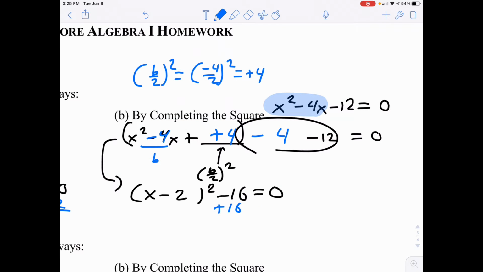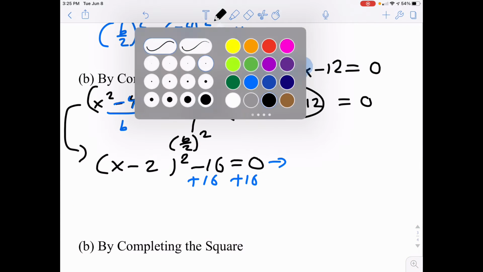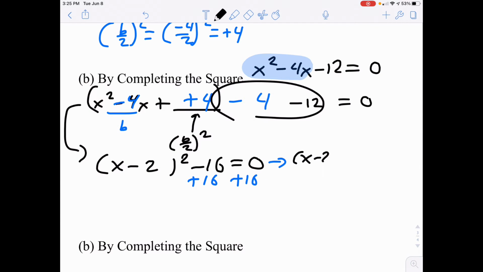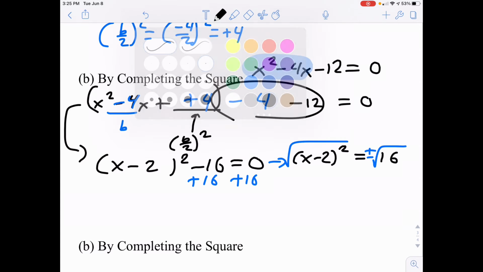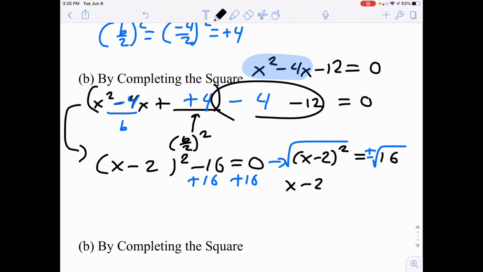We're going to add 16 to both sides and rewrite. x minus 2 squared equals 16. Go ahead and square root both sides. And we get x minus 2 equals plus or minus 4.